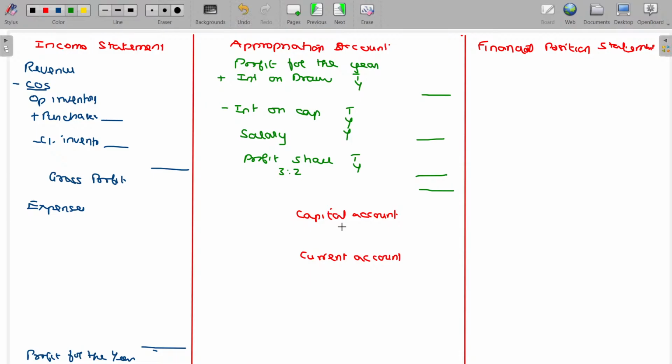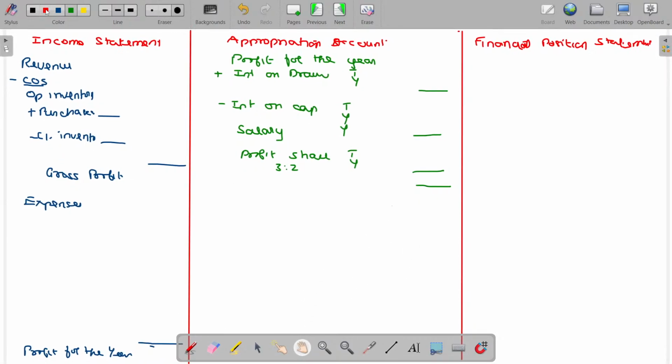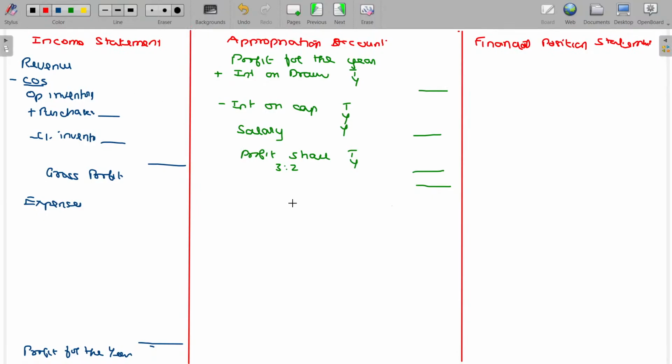In case of capital account, we have two partners. Most of the examination questions ask to prepare the capital account for only one partner. But for comprehensive understanding, I will prepare both partners' capital and current accounts here in columnar form.